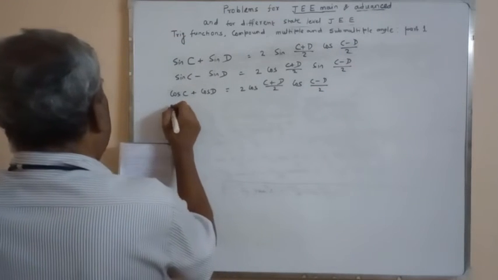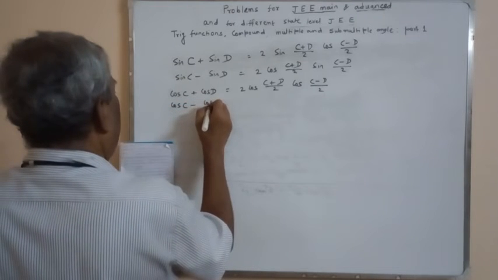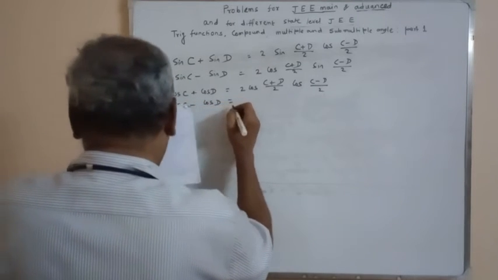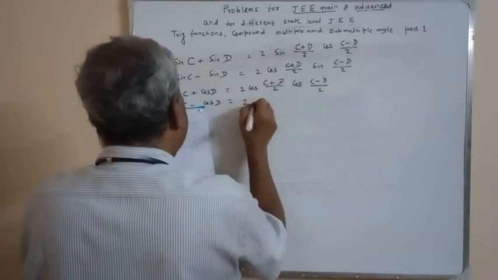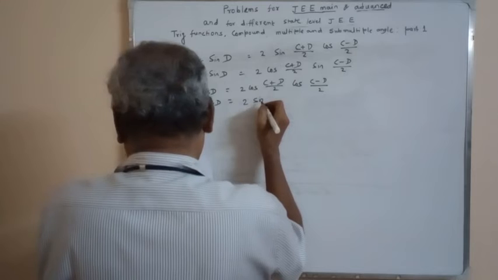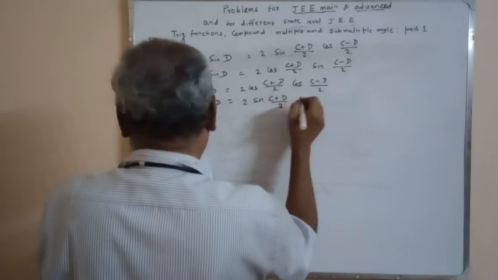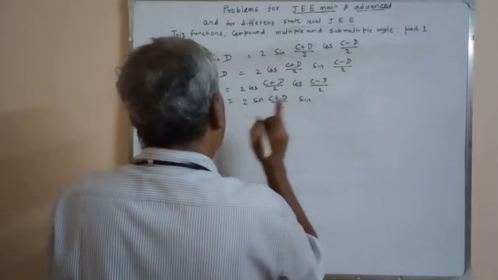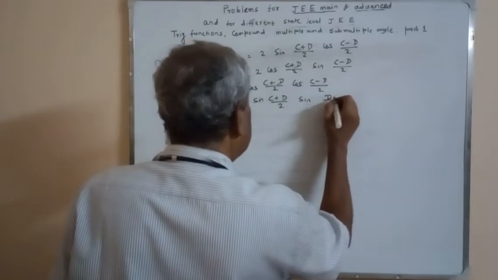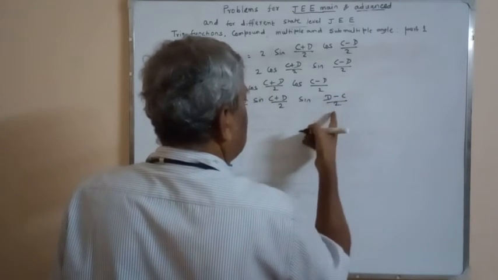Cos C minus cos D is equal to 2 sine of (C plus D) by 2 into sine of (D minus C) by 2. Mind that, it is D minus C by 2, not C minus D.